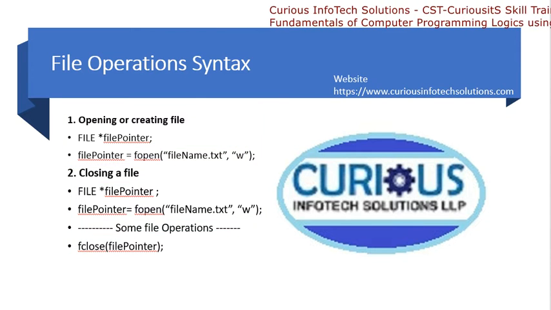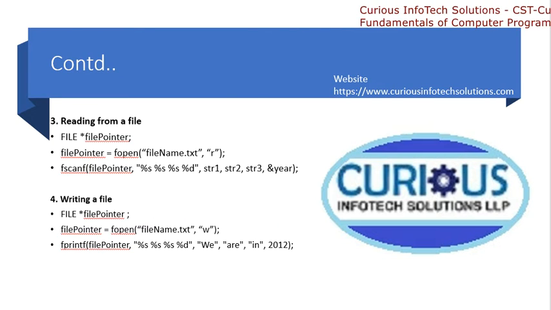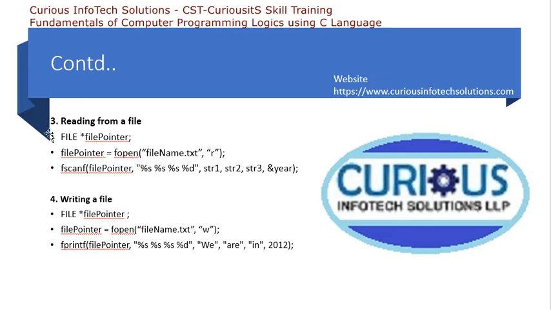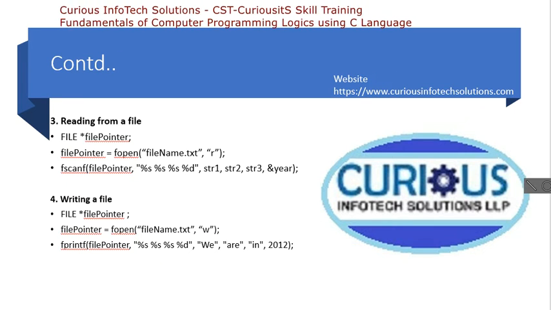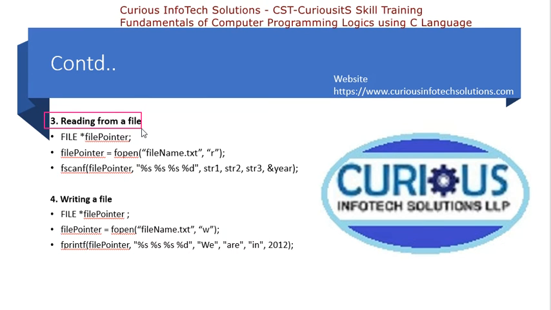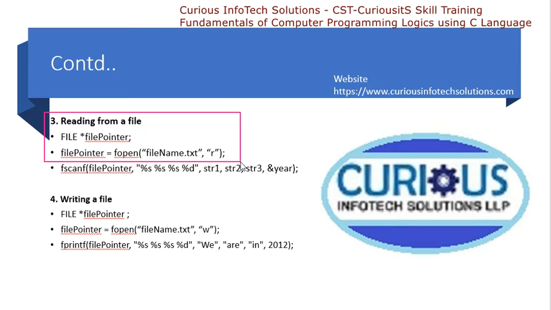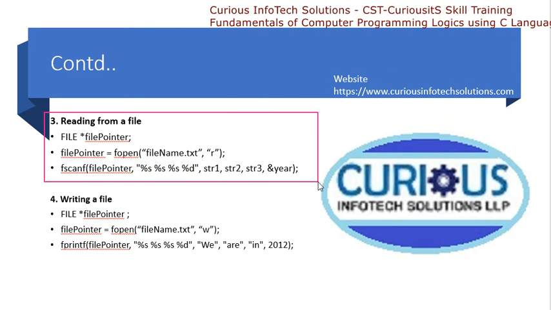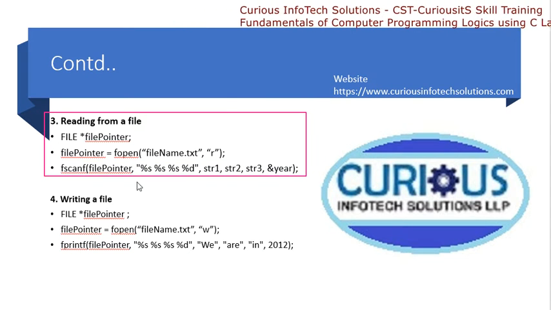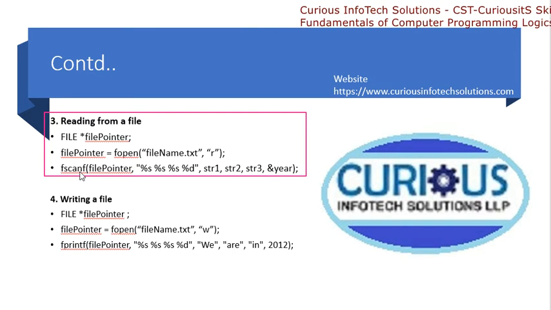Now we will see read and write operations. This is a very important operation in file handling. First, how we can write the syntax for reading a file. First make a file pointer, then open the file. Here we are using fscanf, which means formatted input.